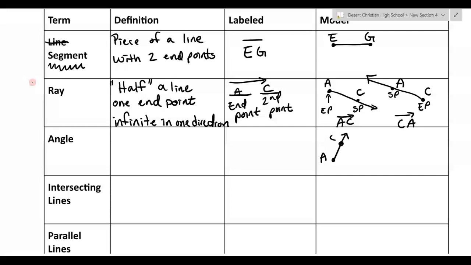And if I add a second ray, say ray AB, then I have an angle. An angle is just two rays with a shared endpoint, or a common endpoint, another term you'll hear.